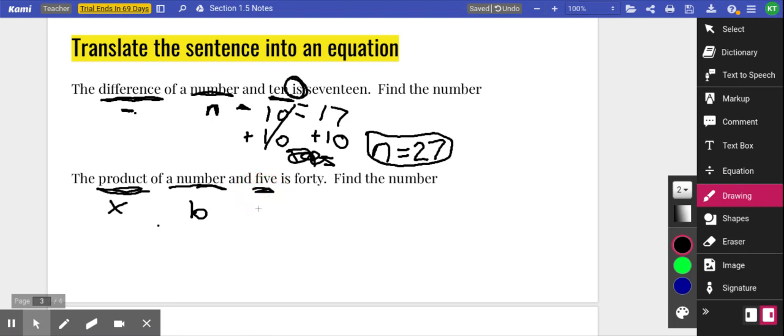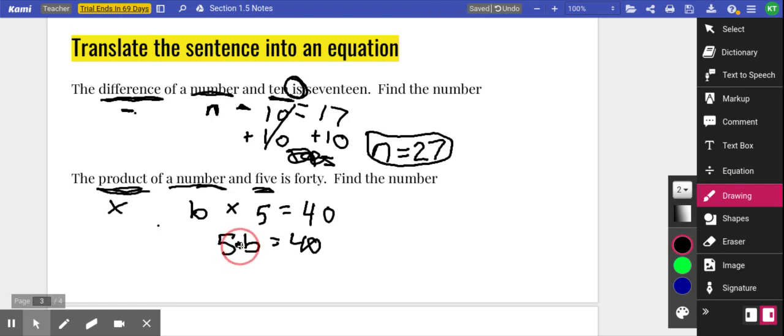And 5 is, it's our equal sign, 40. So the product of b times 5 is equal to 40. Now, you'll also see this written as 5b equals 40 because this implies multiplication.